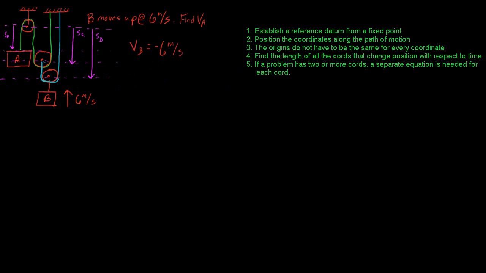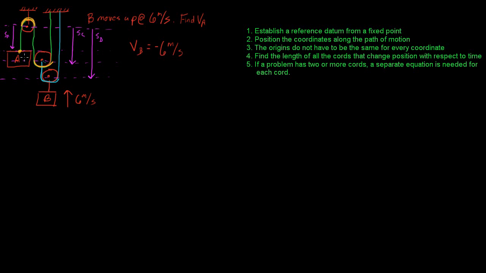So first we want to trace our first chord. Again, we are going to ignore this length over the pulley right here and this length over the pulley right here. These lengths are constant and will not change. The amount of chord over the pulley will not change with respect to time. So we start at A and trace the chord.